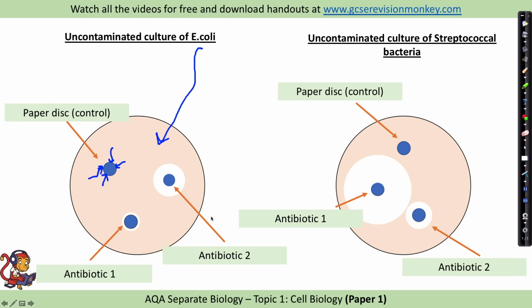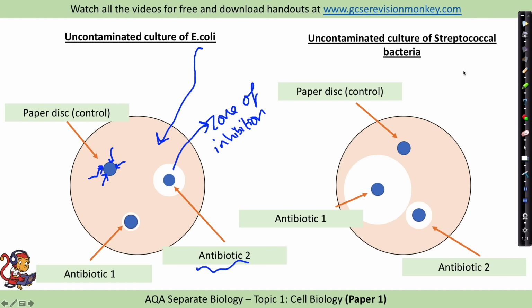The antibiotic 2 is clearly more effective because it has a larger area where there is no bacteria growing. This area we call the zone of inhibition. It means it's killed all the bacteria in that area and none is able to grow around that disc that's soaked in antibiotic 2, whereas antibiotic 1 is not very effective.